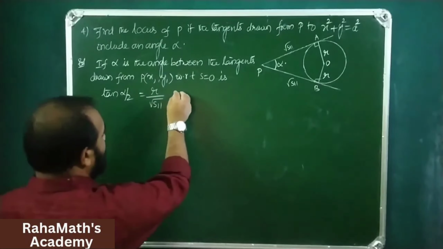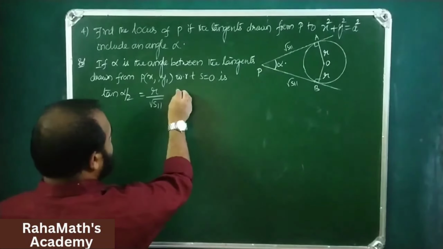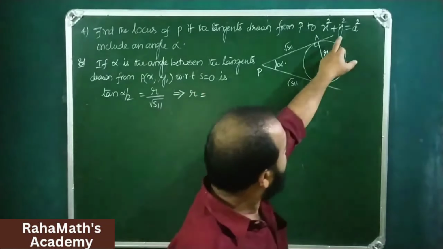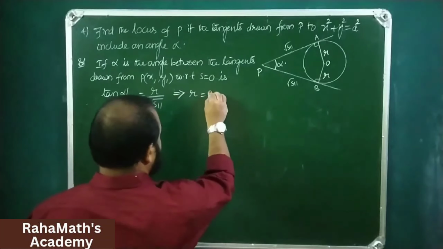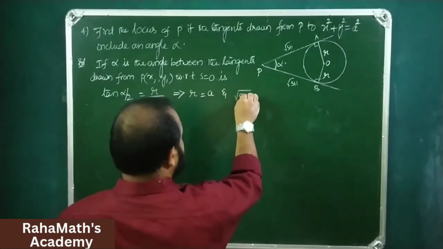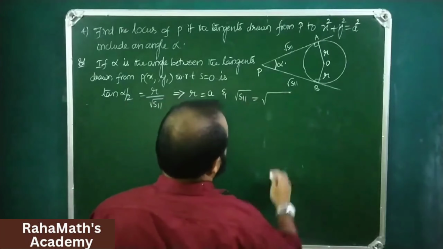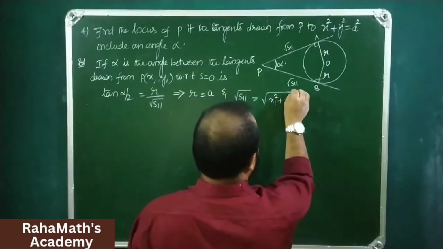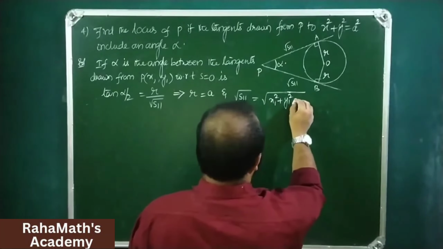Here, what is r? R is the radius of the circle, so r is equal to a, and root S11 is the square root of x1 square plus y1 square minus a square.